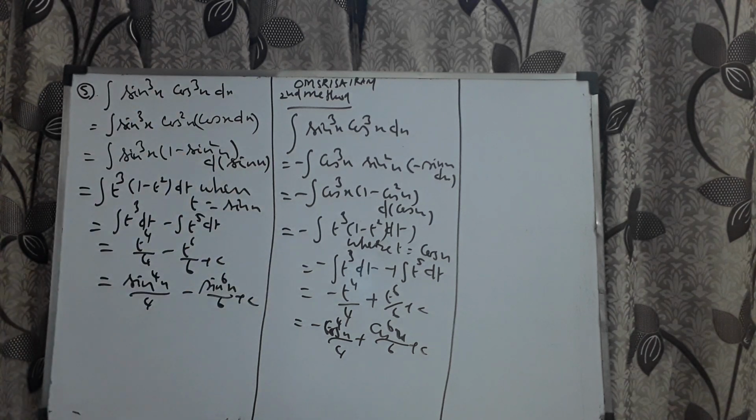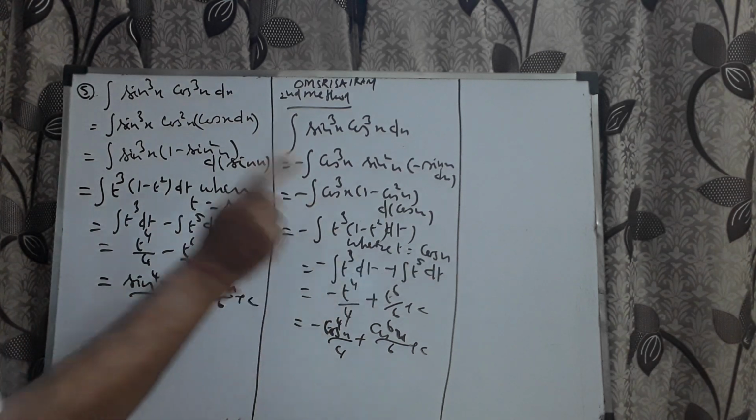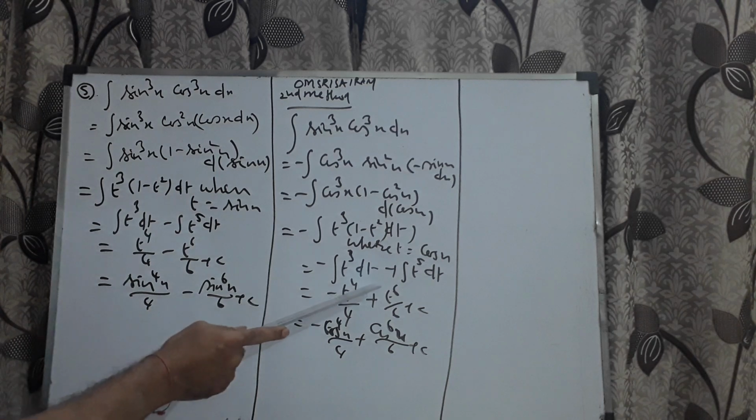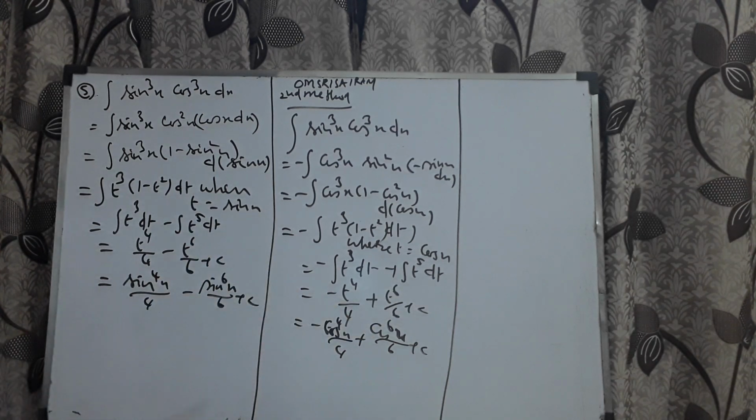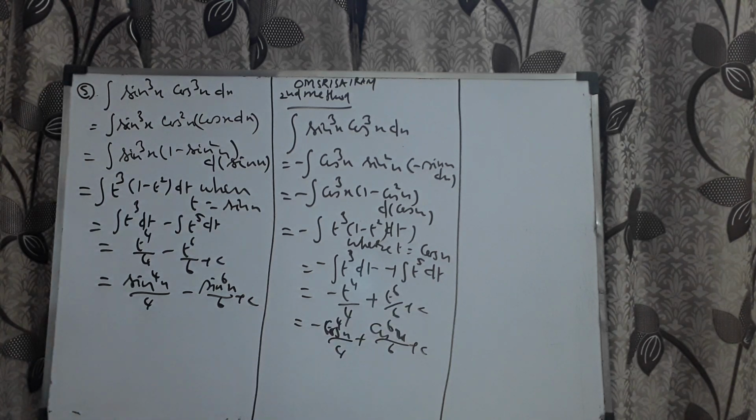D of the quantity will be my substitution always. Minus integral t cube into 1 minus t square dt, where t is cos x, minus integral t cube dt plus integral t power 5 dt, minus t power 4 by 4 plus t power 6 by 6 plus c. Minus cos power 4x by 4 plus cos power 6x by 6 plus c is the final answer.